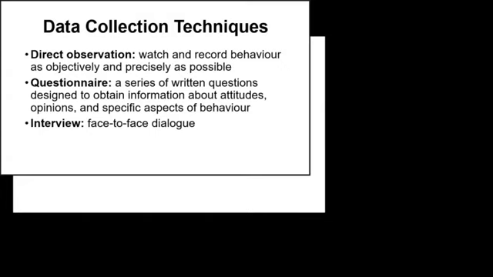And as we mentioned in our problems with studying psychology, humans are very reactive. If there's a person in the room, they're going to change their behavior. And most other animals are the same way, so if you can use a sort of hidden camera, then the behavior is going to be a little bit more natural. So direct observation, we're just going to watch what they're doing, we're going to write down what they're doing.